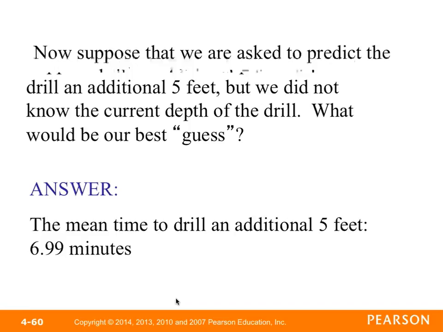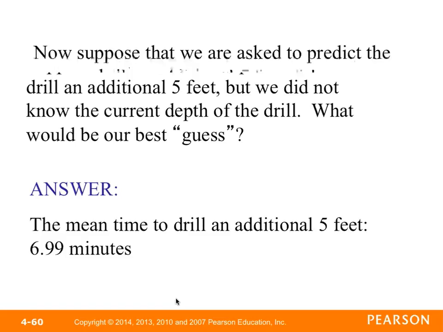If we were interested in 110 feet or 150 feet instead, we would plug those numbers in for x. But since we were interested in 160 feet, that's our x value. So if we plug that into our calculator, you're going to do 0.0116 times 160, hit enter, and then add 5.53, and you get 7.39.